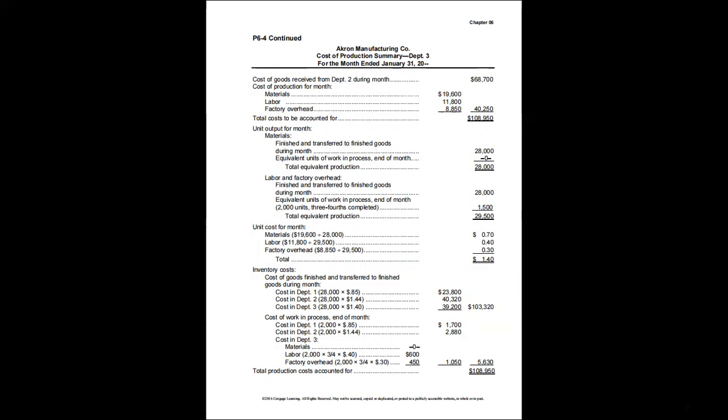So we now get the cost of finished and transferred units, the equivalent units of work in process at the end of the month is 0. So the total equivalent production is 28,000. For labor and factory overhead, we have finished and transferred during the month 28,000.